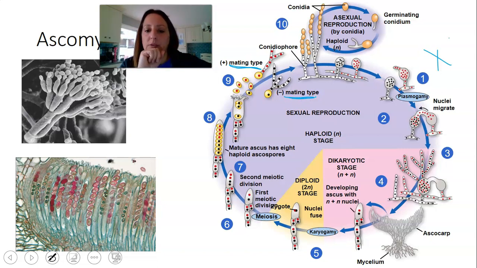What you can see here is that in the plus mating type, we're representing the nuclei as red, and in the negative mating type, we're representing the nuclei with black, which means they're the same species, but they're different mating types. And therefore, their genetics are different. They're compatible. They have the same genes, but they may contain different alleles for those genes. So again, sexual reproduction would be the mixing of those genes, which would result in more variation.